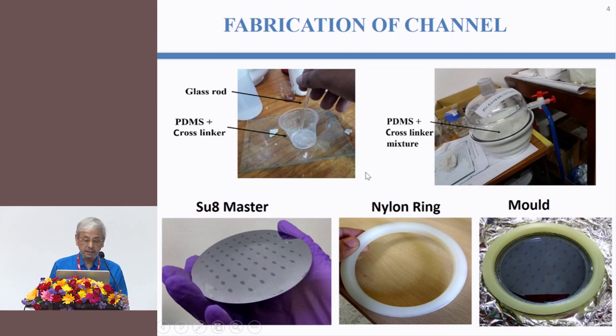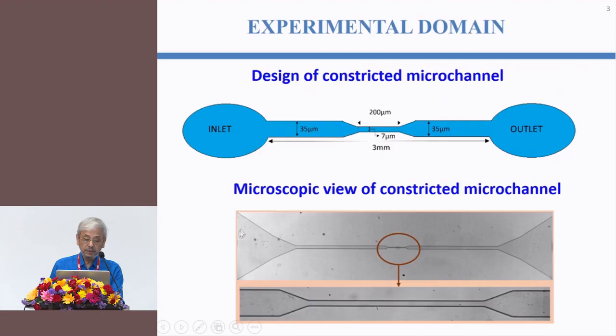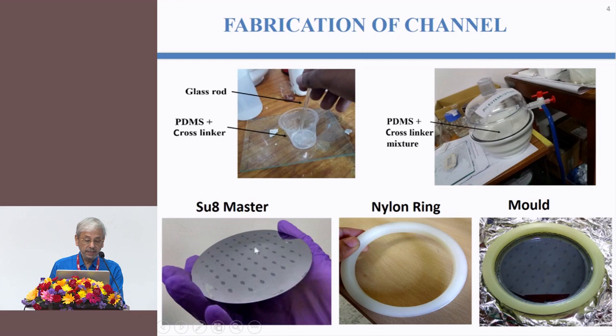Professor Prosenjit Sen, I am indebted to him, helped me a lot to get this. And you can see these are basically photolithographic prints of these channels on an SU8 master. It can be done on a silicon master also.